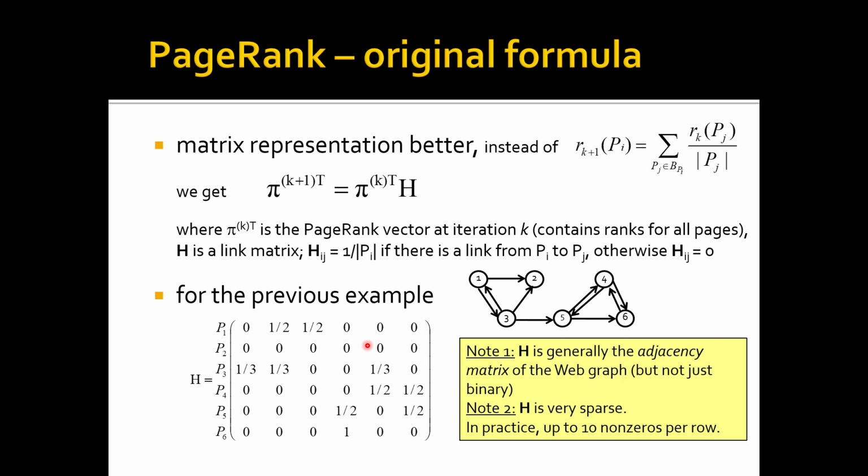Here we have just a square matrix, links from pages to the same pages, but still we have a very sparse matrix. So in practice, again, we can observe something like a constant, let's say 10 non-zeros per row, up to, here we have only 3 maximum. And this is again very similar to the Boolean and vector model.